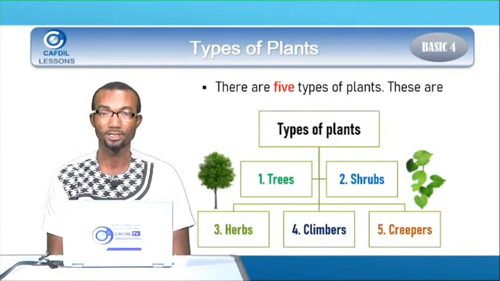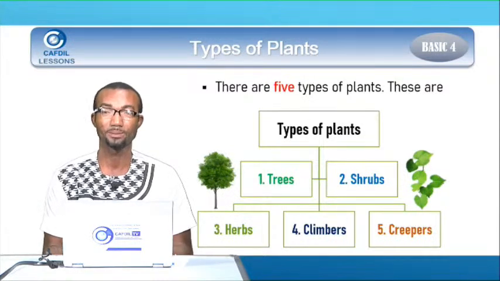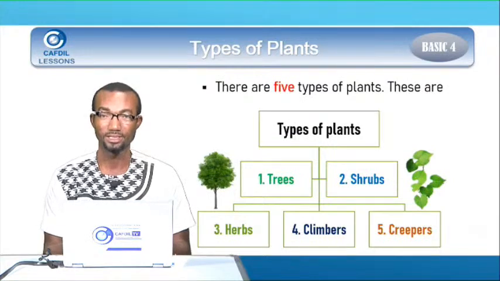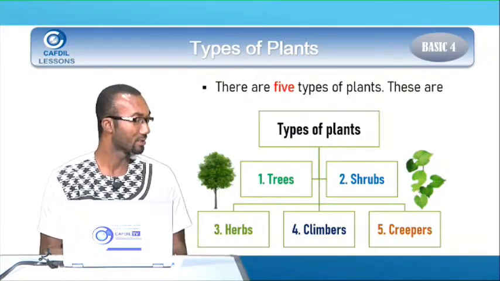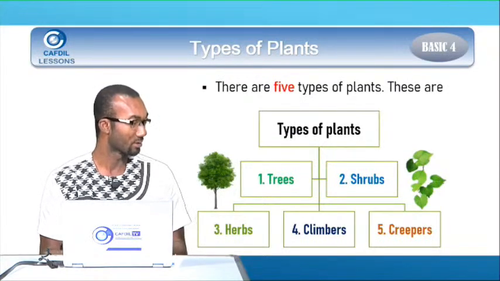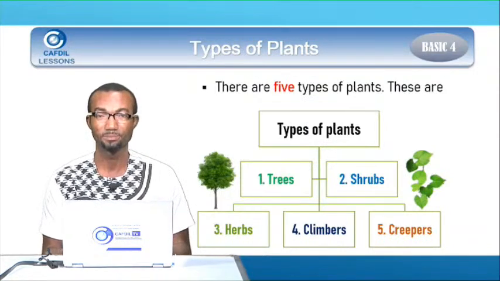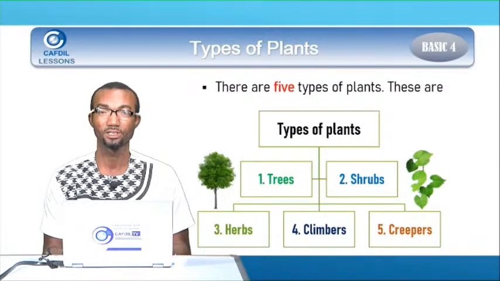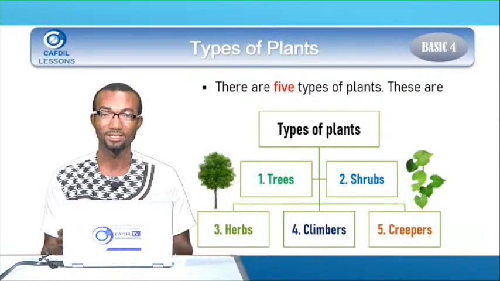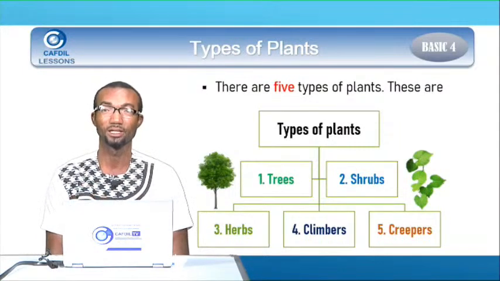So kids, there are 5 types of plants: trees, shrubs, herbs, climbers, and creepers. Now that we have identified the 5 types of plants, let's take them one by one and look at them.